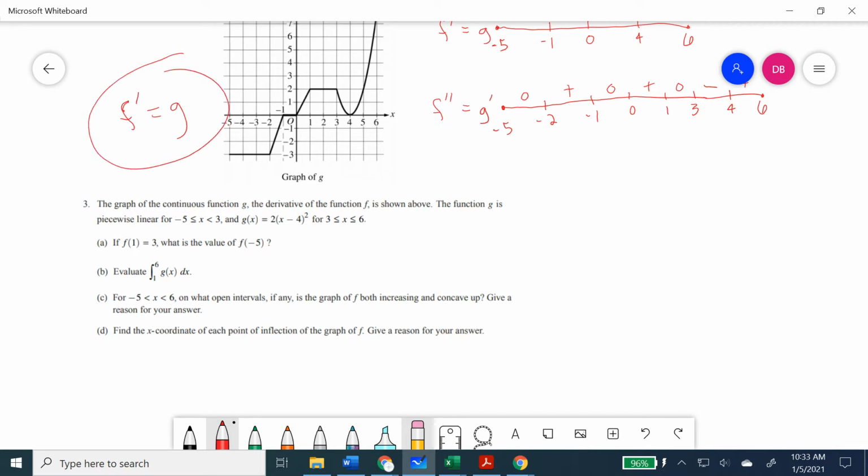All right, part B. I am evaluating the integral from 1 to 6. This is the graph of g. That's my integrand, so I'm just flat out doing area, normally at least. I'm going from x equals 1 to x equals 6.